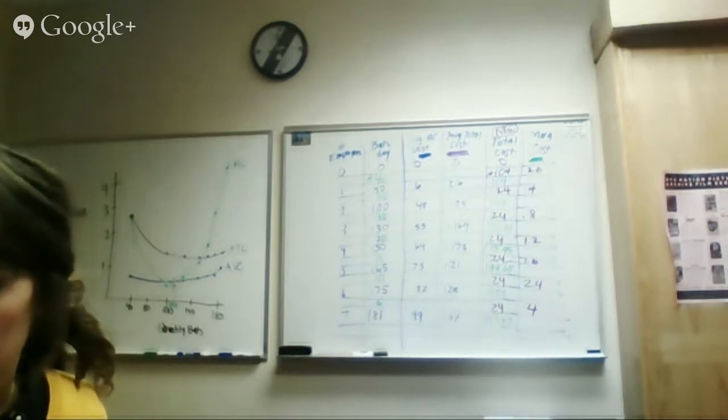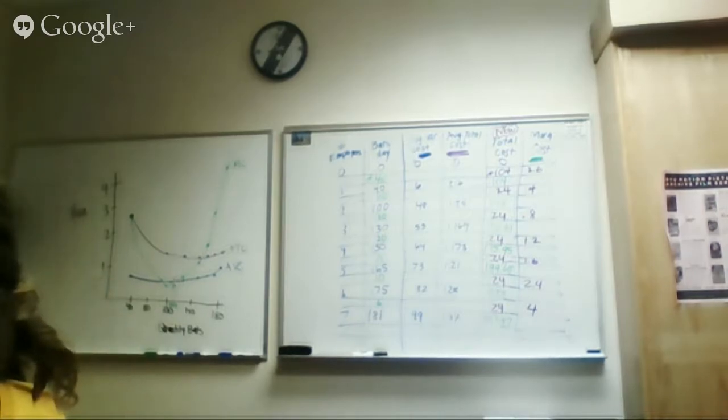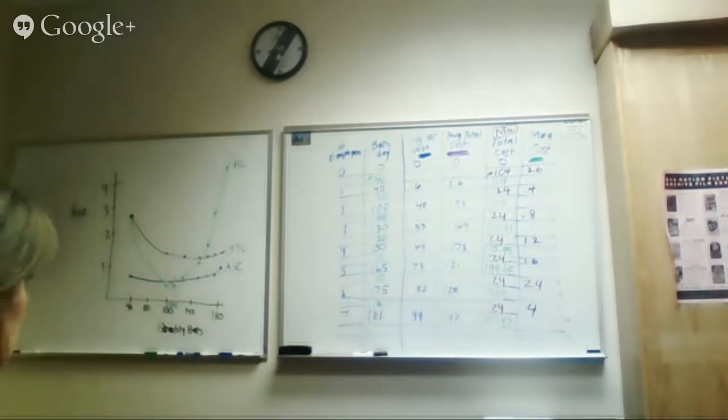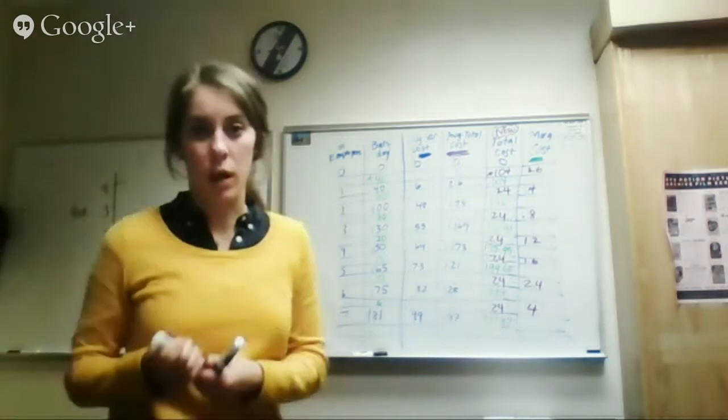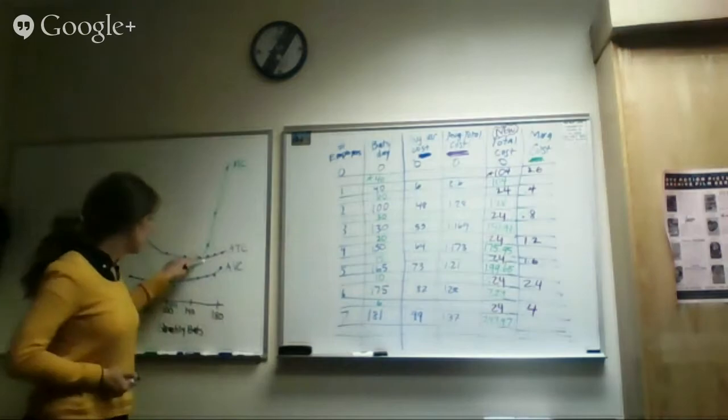So what is the lowest price for which the Louisville Slugger will operate in the long run? How many bats will they produce at that point? So in the long run, they're going to be looking at their average total cost curve, which is this purple line.